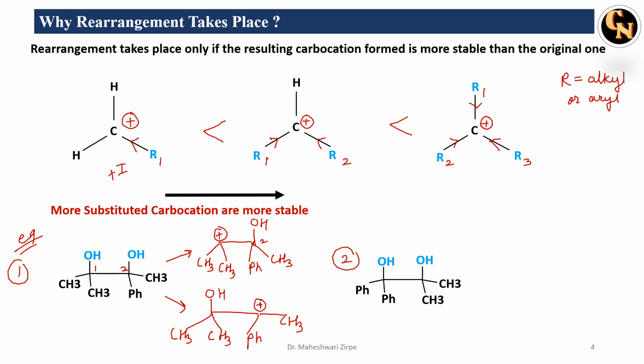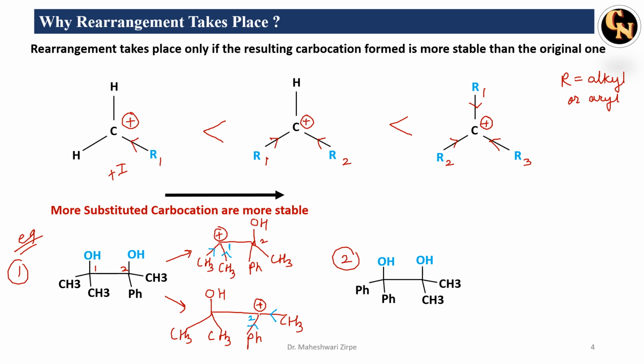Yes, students. So obviously in the first case, on the first carbon where the carbocation is formed, there are two methyl groups trying to stabilize the carbocation. Whereas on the second carbon where the carbocation is formed, there are a phenyl and a methyl group. So a benzylic carbocation is formed here.